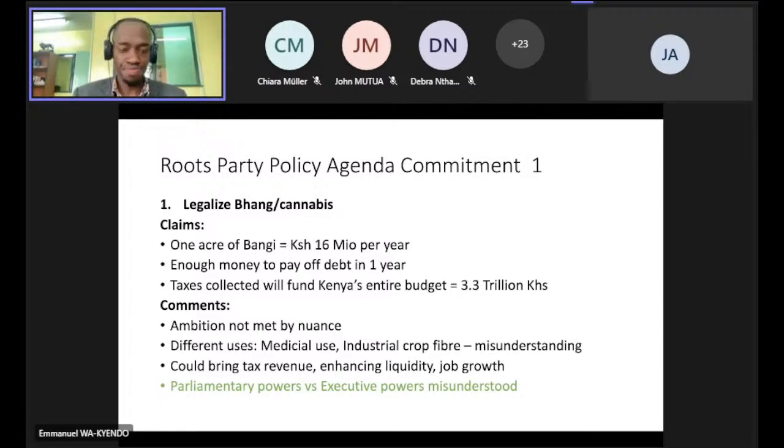And finally, when we ask ourselves what the Roots Party's concept of government actually is, well, we find that ultimately involving oneself in the private markets and in the free markets is something for the private sector, for the entrepreneur, right? We propose, for example, that the Kenyan public sector should get out of managing Kenya Airways. Why?